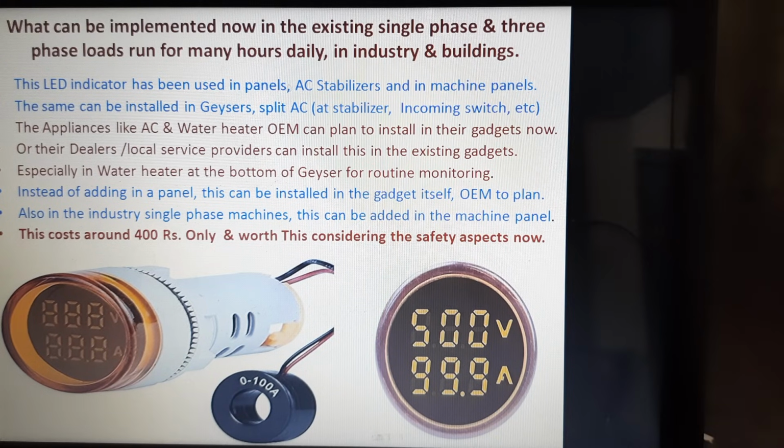Instead of adding a panel, this can be installed in the gadget itself, in the water geyser itself, or in the AC machine itself. Also in the industry, for single phase machines, this can be added in the machine panel. This costs just a few hundreds only, around 400 rupees, and it is worth considering, considering the safety aspects needed for any given machine or appliance.